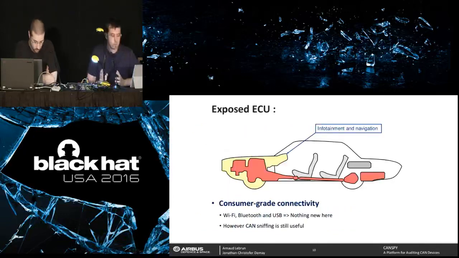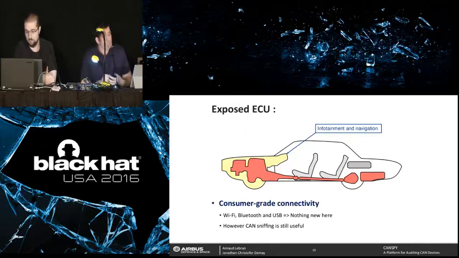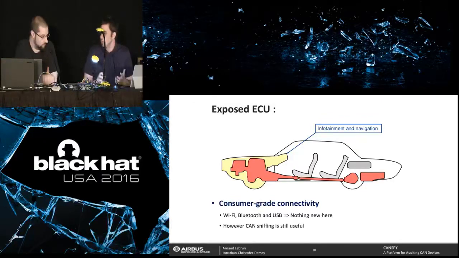So where do we begin? We begin with exposed ECUs, so basically what is connected. Mostly the infotainment and navigation. So we have Wi-Fi, Bluetooth, USB. Nothing new here. It's not specific to cars. It's common to everything using Wi-Fi or Bluetooth. However, you will still need CAN tools to sniff the CAN bus and see what is happening when doing your test.